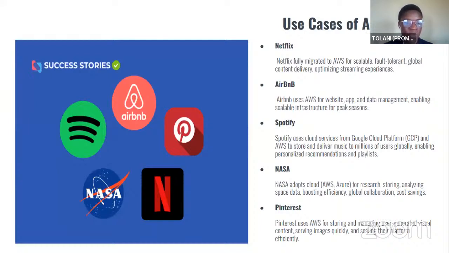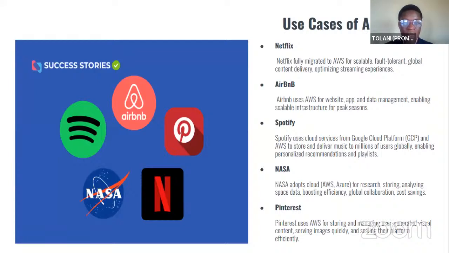So another company we have here is NASA. We know NASA is a space agency, right? And NASA has adopted cloud like AWS and Azure for research, storing, analyzing space data, boosting efficiency, global collaboration, and cost saving. So NASA is using the cloud for their research to store and analyze this data they get from space and to be able to make critical decisions.